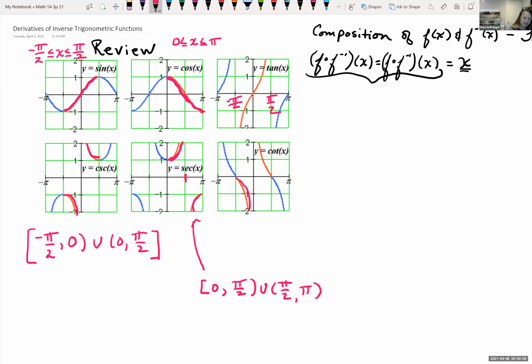And cotangent, again, has an asymptote in there, so we're going from negative pi halves, including, to 0, not including, and then from 0 to pi halves. Limiting our functions down like that, we now have a one-to-one function.